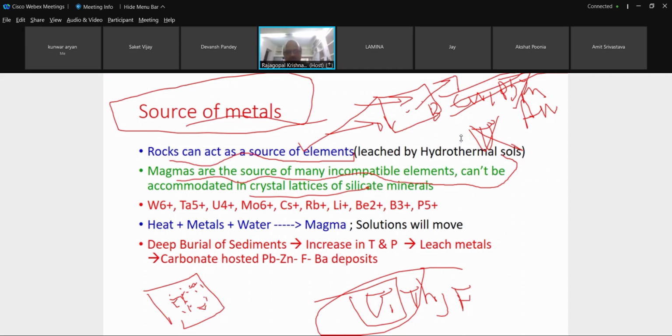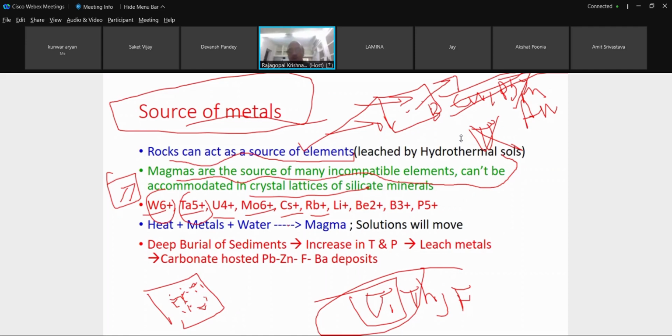So a lot is happening with the major silicates. What are the minor components in the magma, like tungsten, tantalum, uranium, molybdenum, cesium, rubidium? All these will not be able to enter into silicates, because the ionic size and ionic charge are different. So they will always be incompatible within the magma.